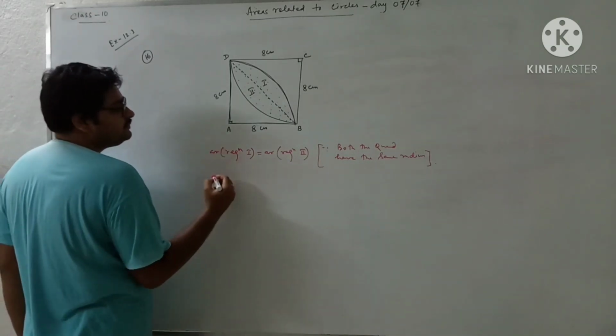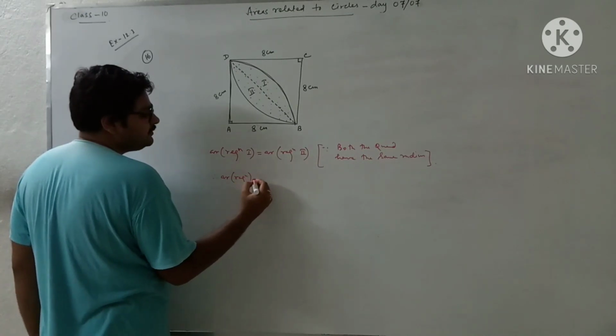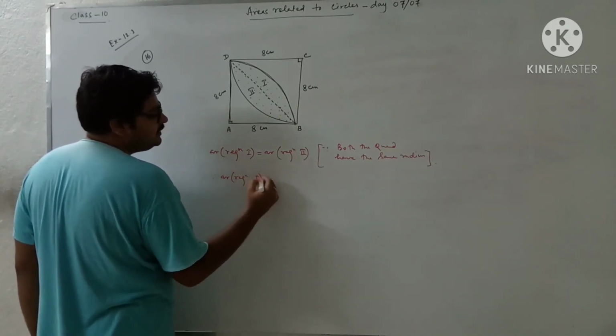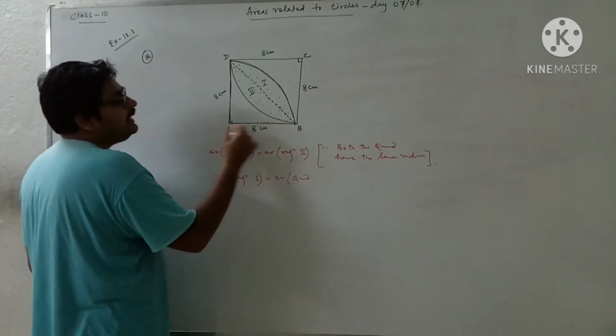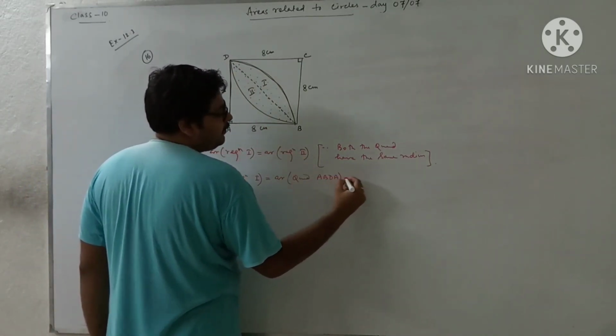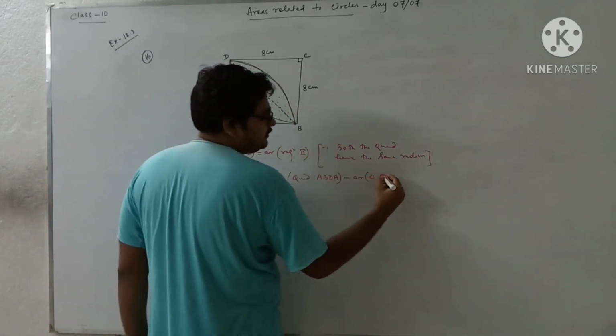Therefore, area of region 1 equals the area of quadrant ABDA, and from there we subtract the area of triangle ABD.